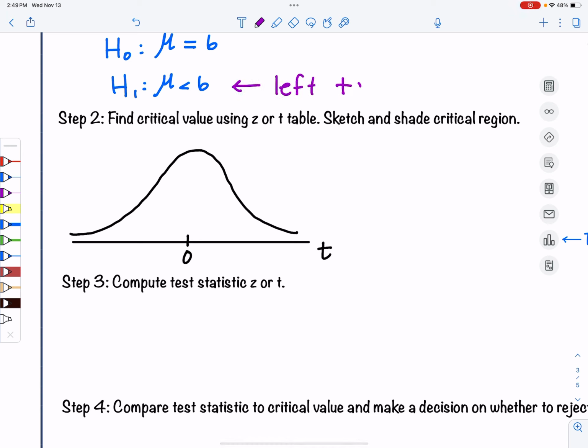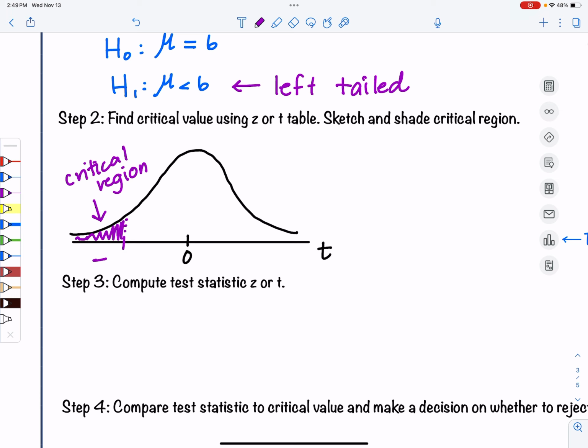And because it contains less than, I know this is going to be a left-tailed test. Now, 2 things that I can gather from that, right? One is that my rejection region will be in the left tail of the curve, right? That's that rejection region or critical region.